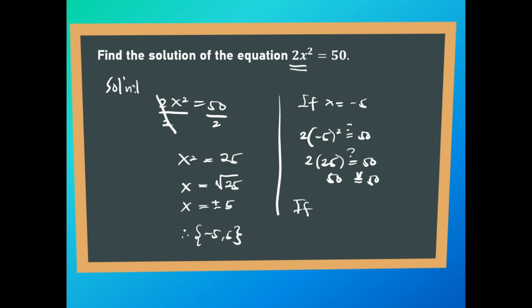If naman yung x natin is positive 5, so we have here 2 times 5 squared is equal to 50. And 2 times 25, since 5 squared is 25, is it equal to 50? So 2 times 25 is 50 is equal to 50. So ibig sabihin tama yung answer natin. Okay.